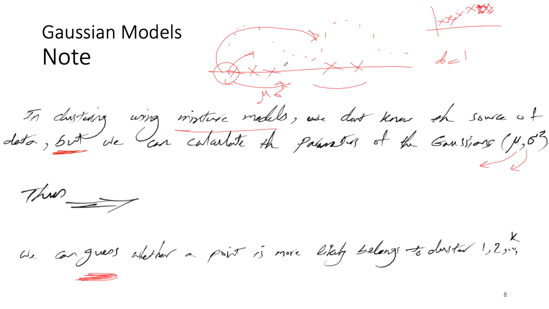And that's what we do here. Otherwise, looking at this is just a flat set of data with no other information. Okay, is that clear?